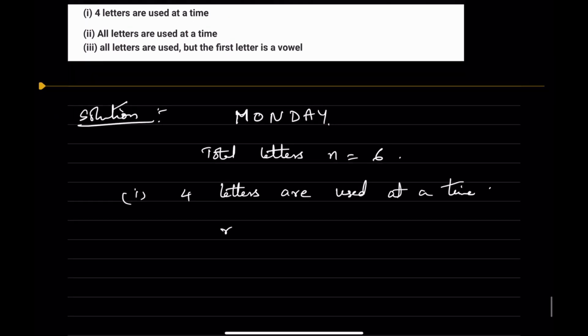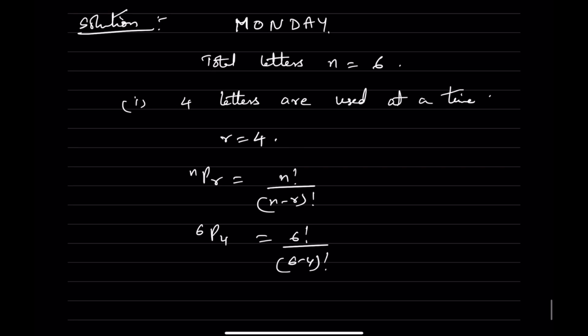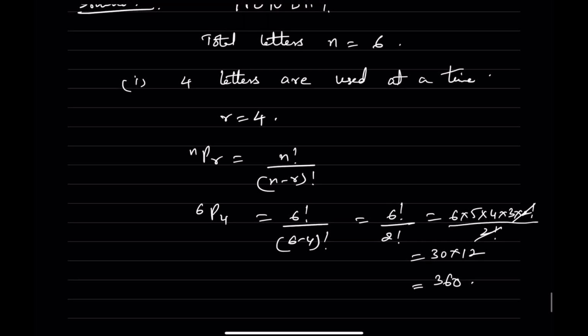So here r is equal to 4, nPr we can use, which is equal to n factorial by (n minus r) factorial. So 6P4 is equal to 6 factorial by (6 minus 4) factorial, which is equal to 6 factorial by 2 factorial, which is 6 into 5 into 4 into 3 into 2 factorial by 2 factorial. So this is 30 into 12, 360 when 4 letters are used at a time.